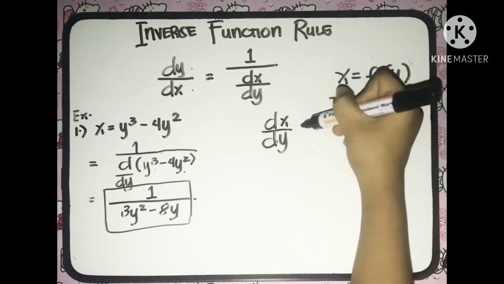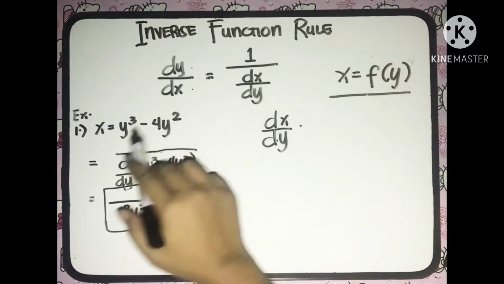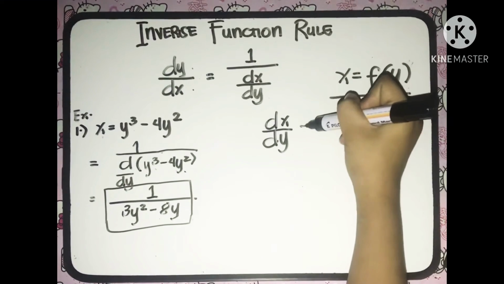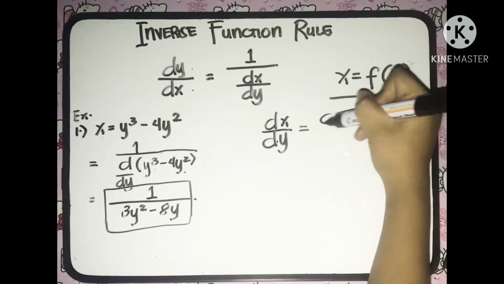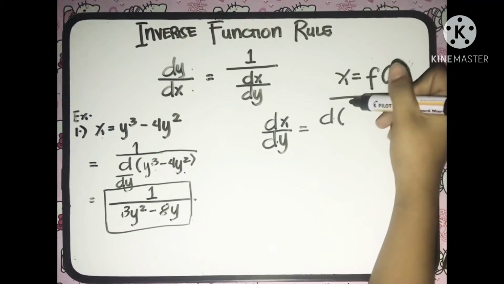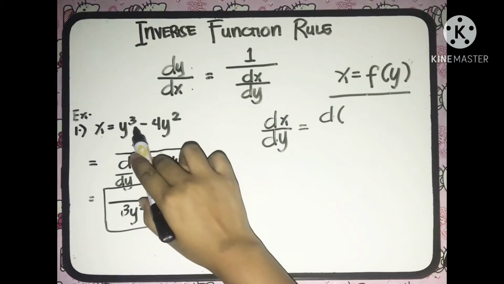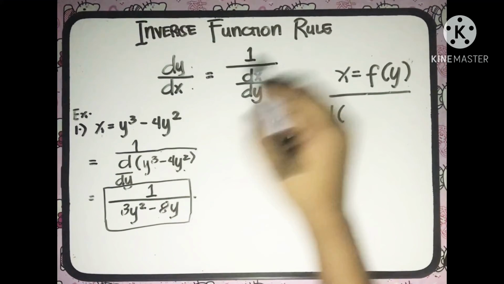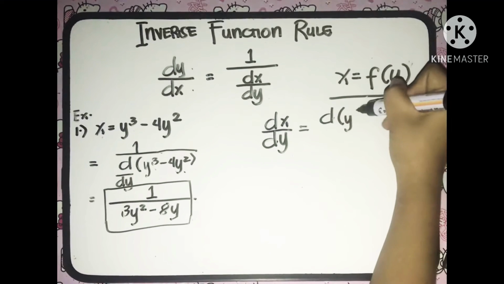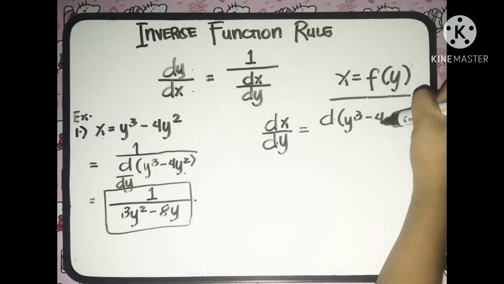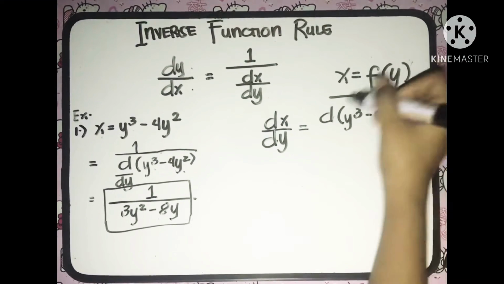And since our given is x, let's substitute it. So we'll have here the derivative of, what's the value of our x? It's y cubed minus 4y squared. So we just put it there, and then with respect to y.